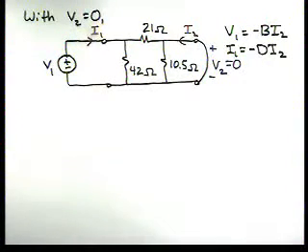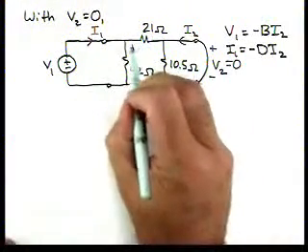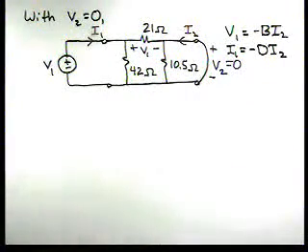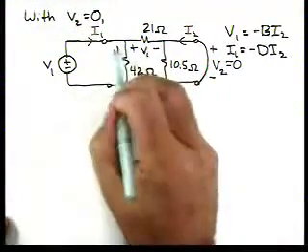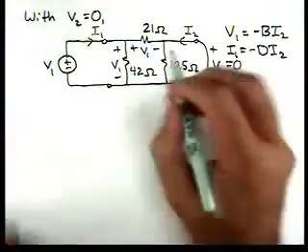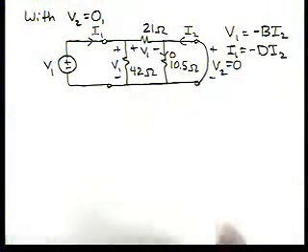So let's look for a second. Here is a voltage V1 across the 21 ohm as well as across the 42 ohm. This current is 0 because the voltage across that resistor is 0.